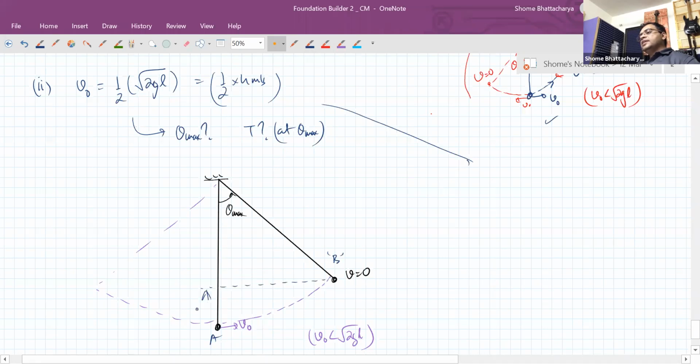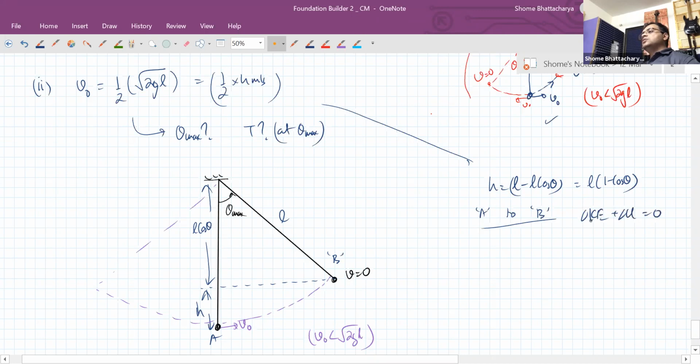So this height difference is h. You can see that here this is L cos theta. So h is equal to L minus L cos theta. Okay. So A to B, change in kinetic energy plus change in potential energy is 0. So minus half m V naught square plus mgh should be 0. So V naught square should be equal to 2gh. Now substitute this value.